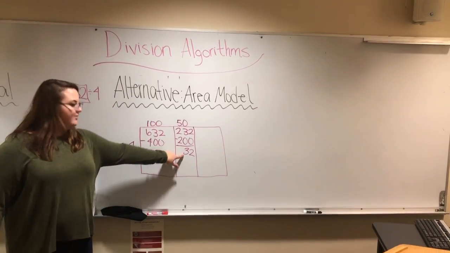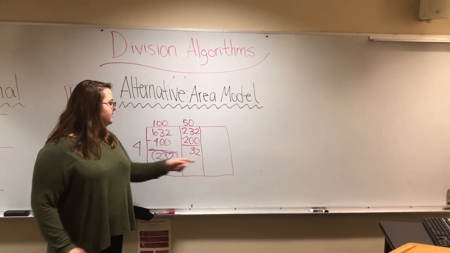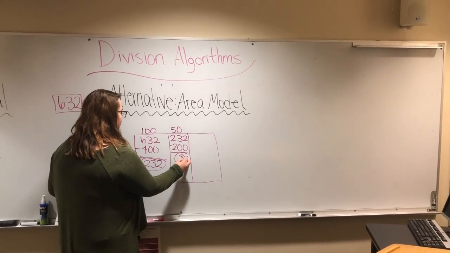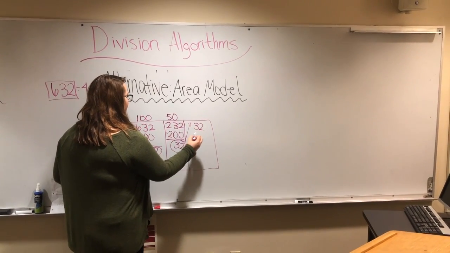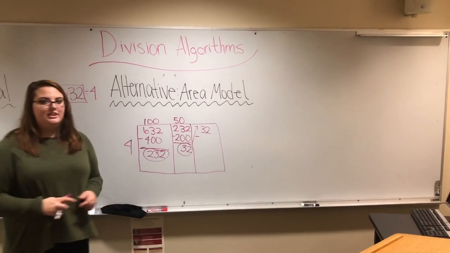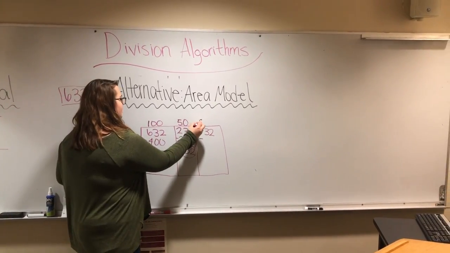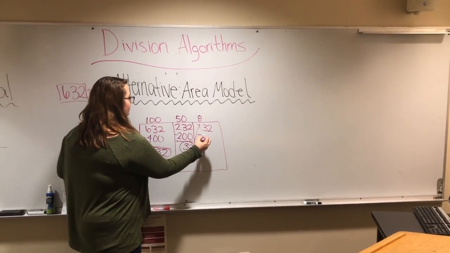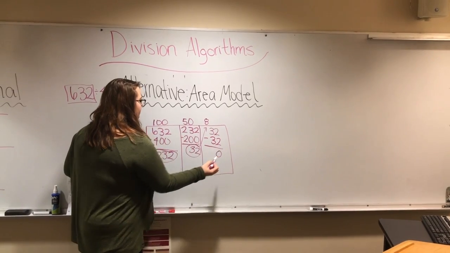So now we still have the 32 that we have to deal with. So we have our other piece of the rectangle. We'll take the 32, move it over here. And based on what we know about our multiplication facts, we know that 4 times 8 equals 32. So you subtract your 32, and that equals 0.